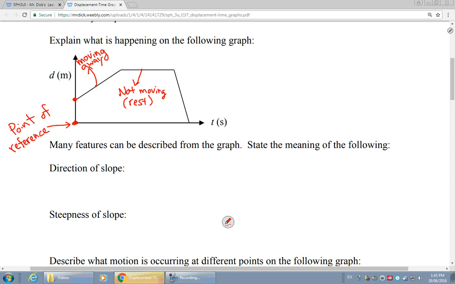And then in the last section, we see that it is doing the opposite of what the first section did. Now the line is slanting downwards. Or in other words, the number of meters between the thing moving and the reference point is decreasing. So if you're decreasing the number of meters between you and the reference point, it means you're closing that distance. Or in other words, you're coming towards the reference point.